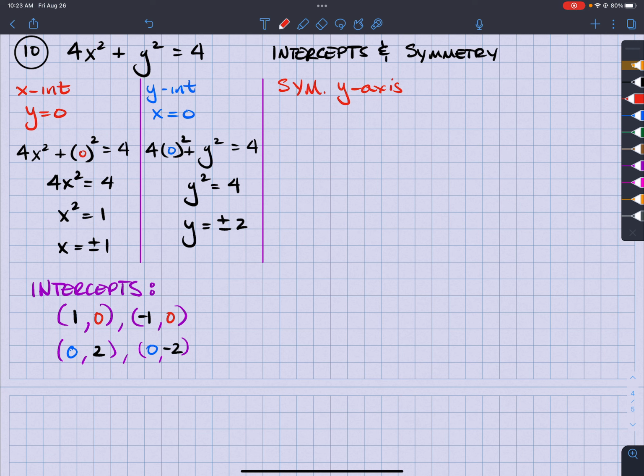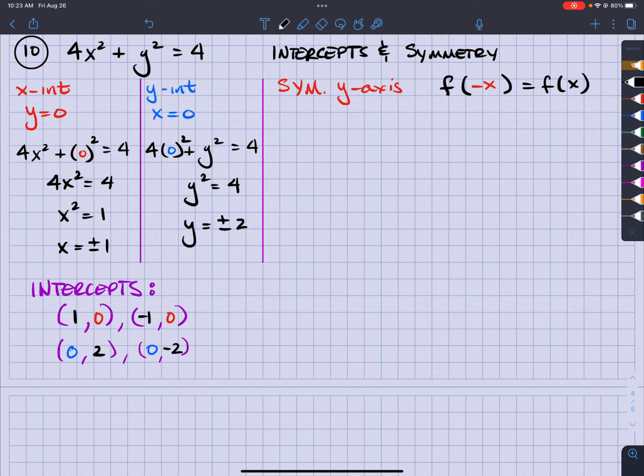What I have to do is this. Symmetry about the y-axis tells me that if I replace the x with a negative x, I should get the same y back again. Because if you think about flipping over the y-axis, the y value stays the same, but the x value is opposite, or one's positive, one becomes negative.